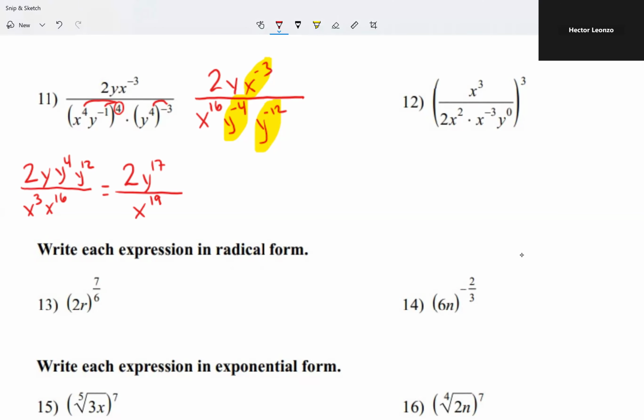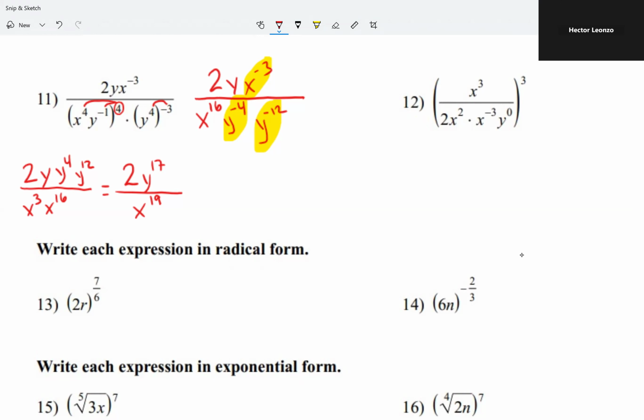Now, the last thing I will do, if possible: if I have whole numbers on top and bottom, simplify them. Like 6 over 8, I call it 3 over 4. If I have two numbers, top and bottom, that I can divide by the same thing to make them smaller, do so.